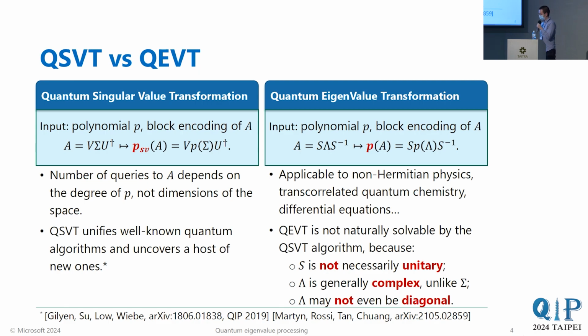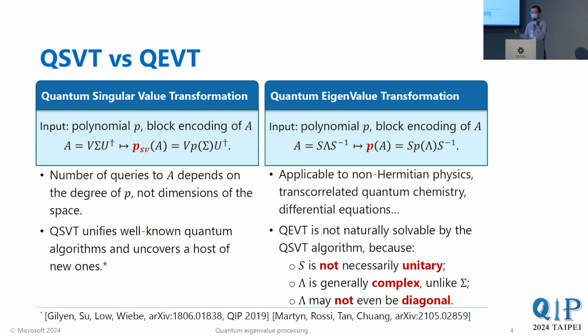Okay, so here are two problems that you may want to consider solving on a quantum computer. I put them side by side. On the left-hand side, I have a problem called quantum singular value transformation. In that problem, you have a matrix with a singular value decomposition, V sigma U dagger. The problem here is that you don't touch the basis transformations.